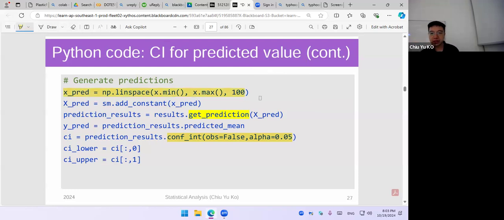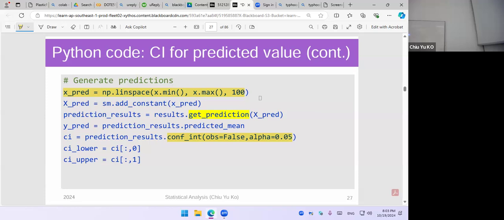We have to create a bunch of x from the smallest of x, x.min, to x.max, the maximum of x. And linspace, linear space, means that I create 100 data points from minimum x to maximum x. Why do I do that? Because based on the model, I need to have 100 data points.